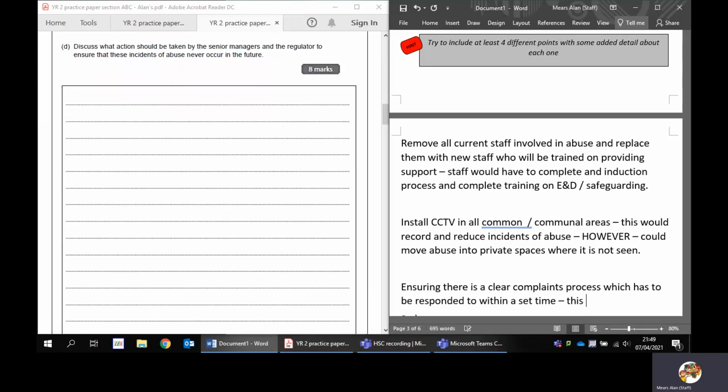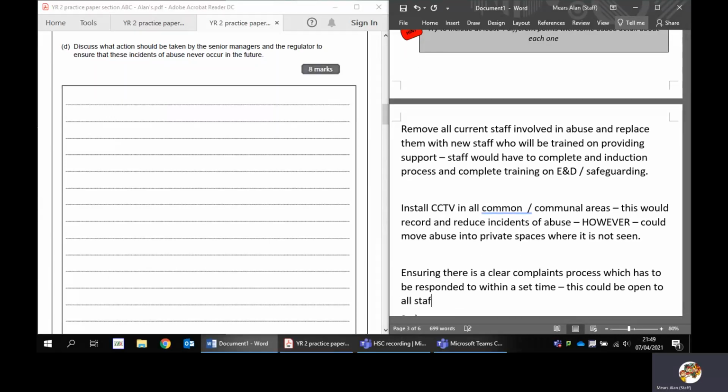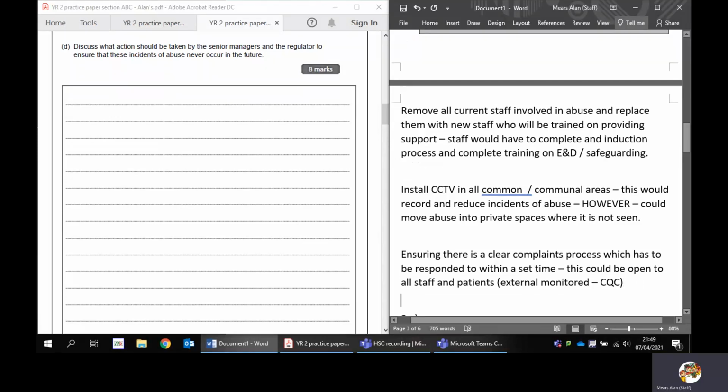And we could talk about how this could be open to all staff and patients, and then put externally monitored. So that's kind of what the CQC does when they go in and do an inspection. They monitor these ideas, complaints. So if we're trying to reduce this, we've got rid of staff, we've put CCTV in, we're making sure complaints processes are put in place.